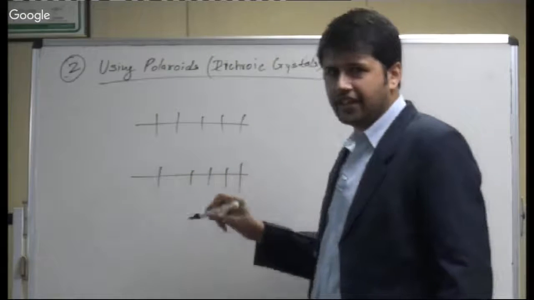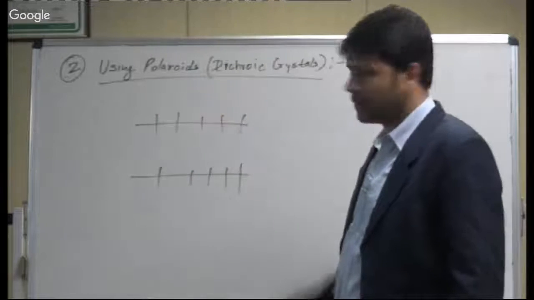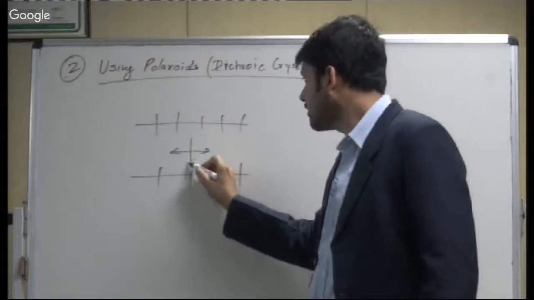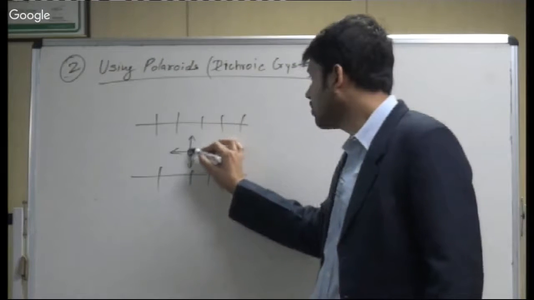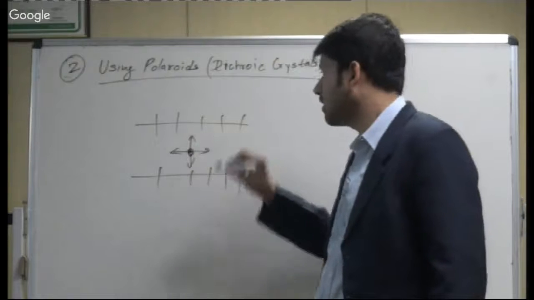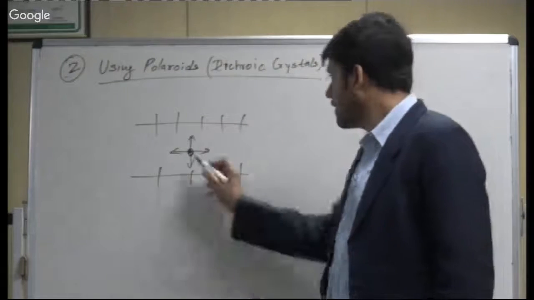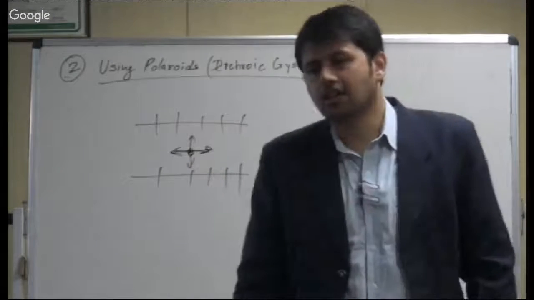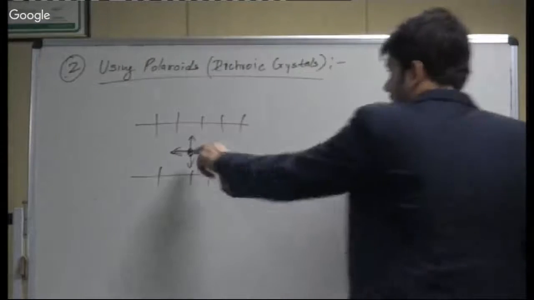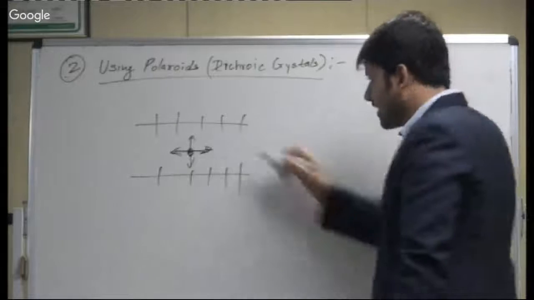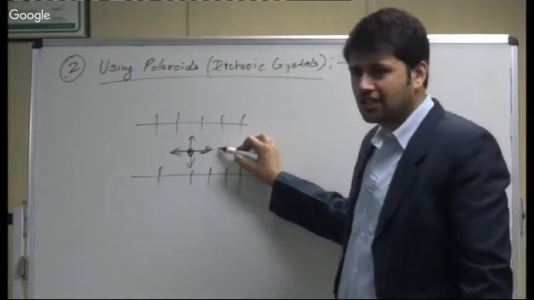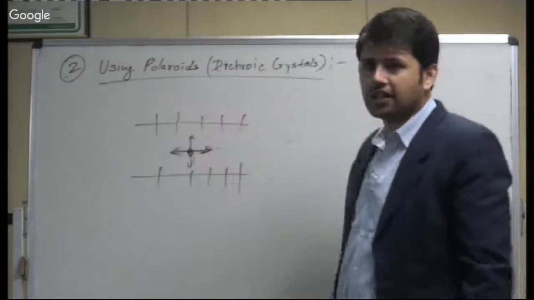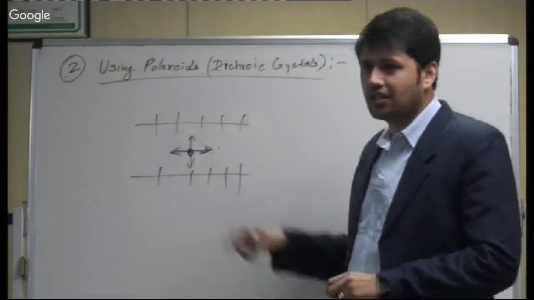When light is incident in between them, let's say light has oscillations of this as well as this. The direction of motion of light is into the plane. The oscillations which are parallel to the chain length, because they are changing, the electric field is changing, induce some currents in the chains.